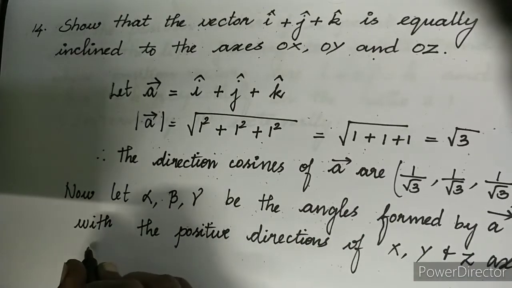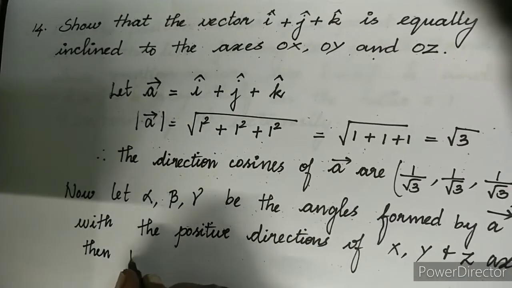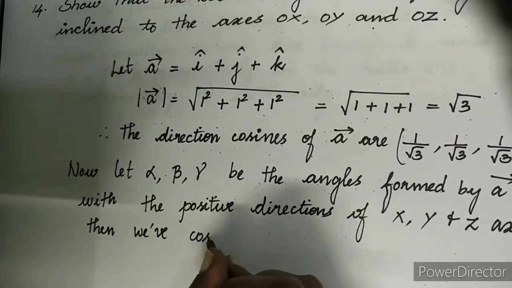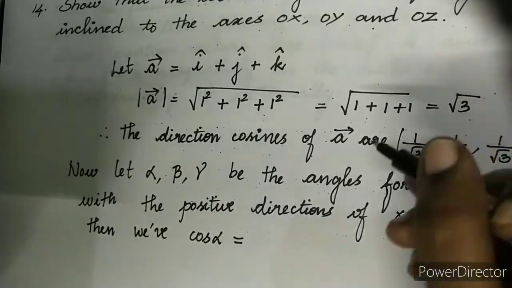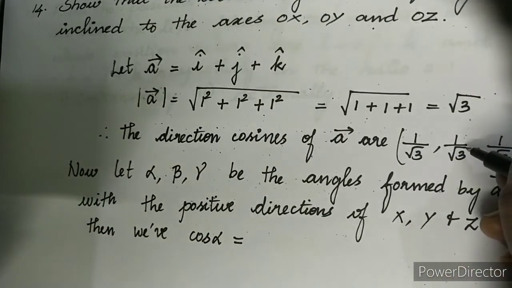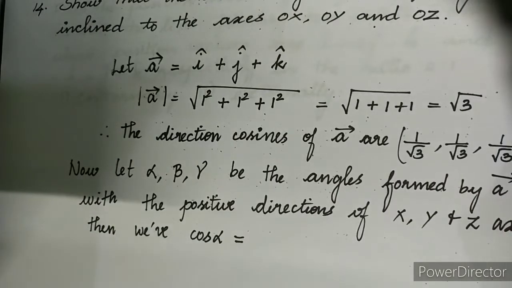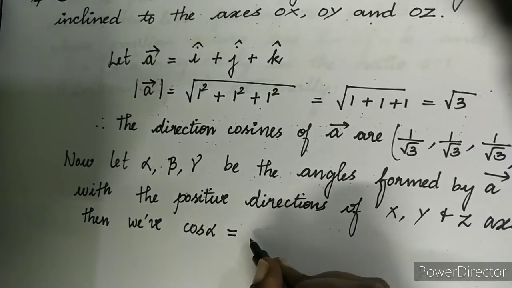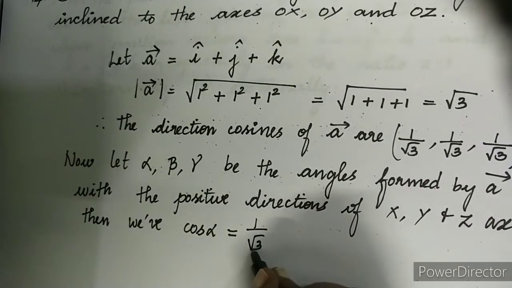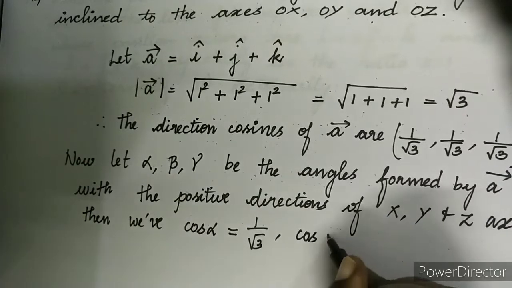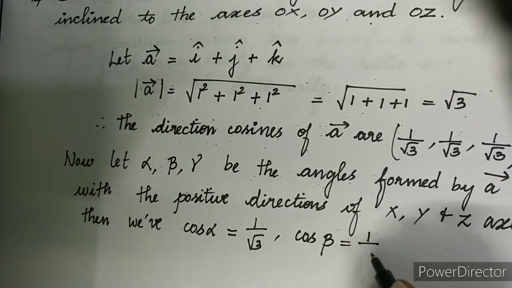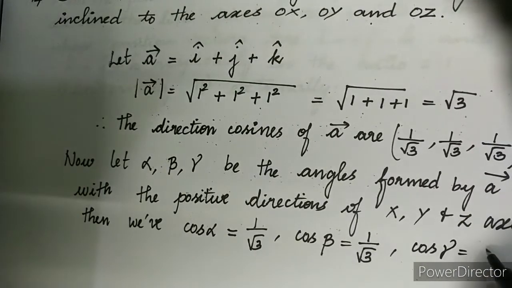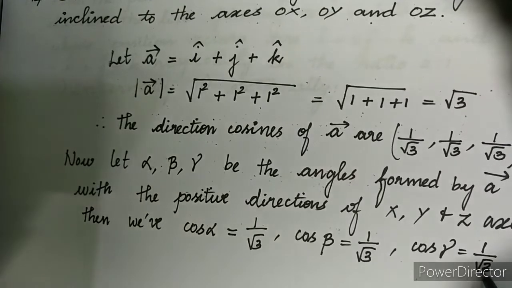So we can write, then we have our cos alpha is equal to 1 by root 3 and our cos beta equal to 1 by root 3 and our cos gamma is equal to 1 by root 3. So cos alpha is 1 by root 3 and cos beta is also 1 by root 3 and cos gamma is 1 by root 3.